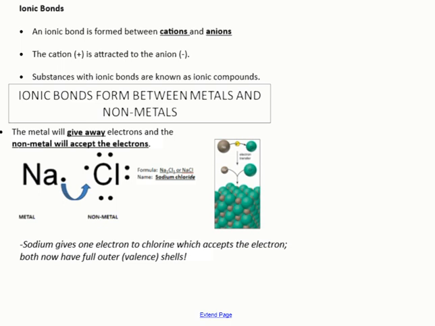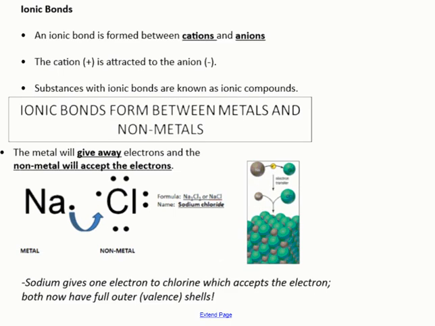So ionic bonds form between cations and anions. The cation, again, is the positive half. The anion is the negative half, and they get stuck together. A good example is table salt. Sodium, like all metals, likes to give away an electron, and chlorine needs one. So sodium becomes a positive cation.